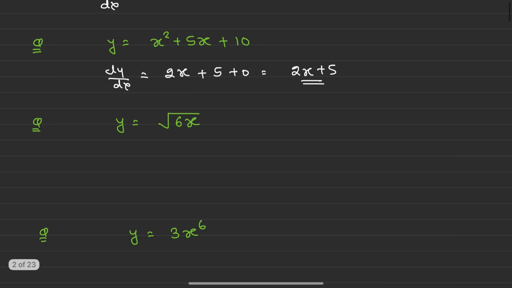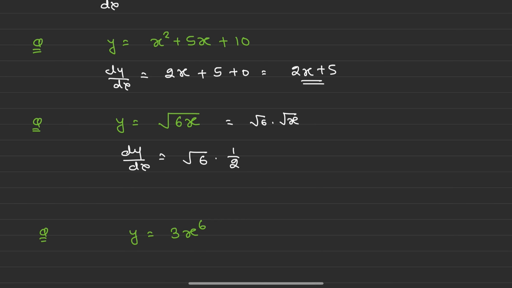Next, we have y equal to under root of 6x. So you can think in this particular way also. It is nothing but under root of 6, a constant, into under root of x. So here the dy by dx value will become under root 6, let us keep it aside. Under root x means x to the power 1 by 2.